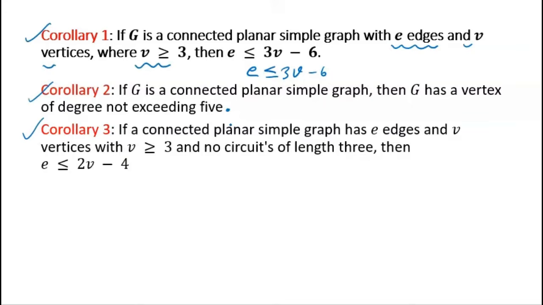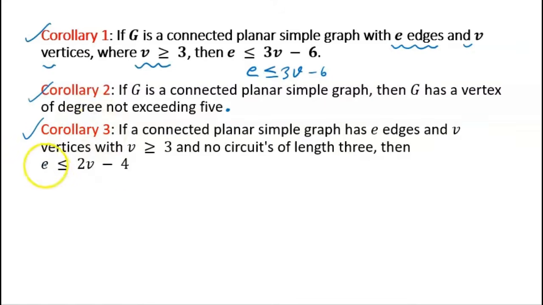You can't draw one, and in case you want to try, you should certainly give it a try. Try to draw a graph in which every vertex has degree greater than 5, and make sure that the drawing you are doing results in a connected planar simple graph. I think you won't be able to, but certainly you should try.